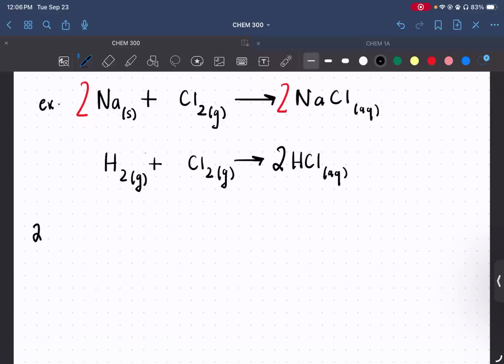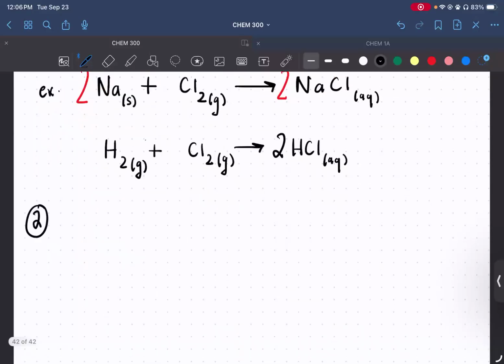After synthesis, our next reaction archetype is known as decomposition. Decomposition, as the word suggests, is the exact opposite to synthesis.